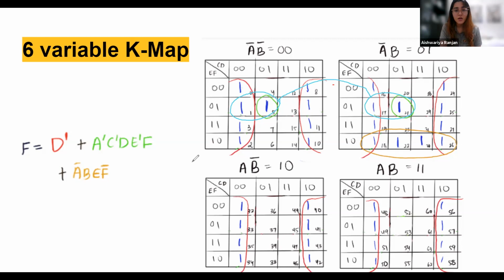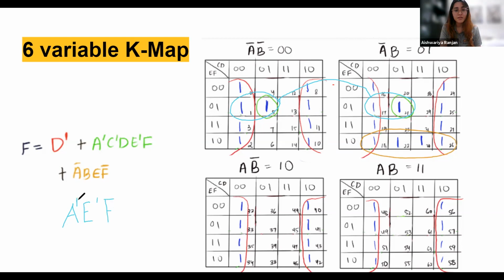Hold on. Excuse me. Yeah. So this is in the row where E is 0, F is 1. So that'll be E bar F.